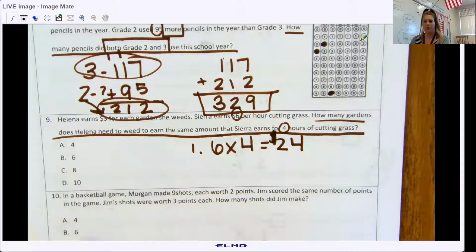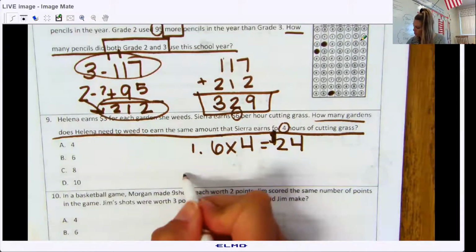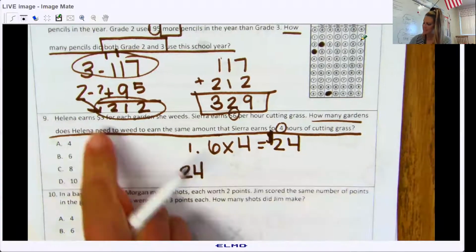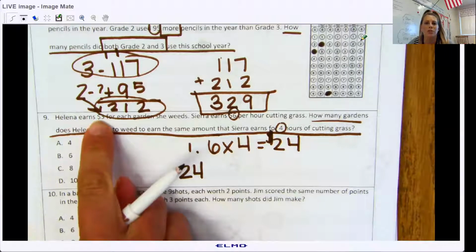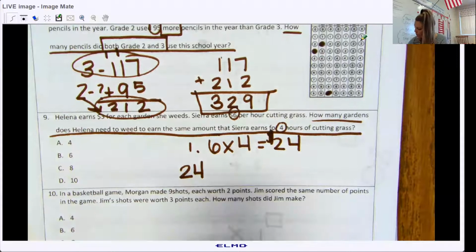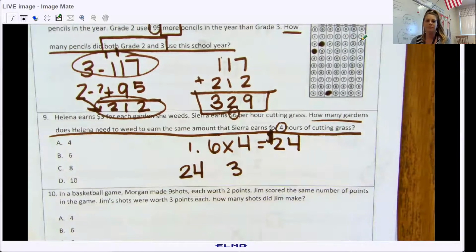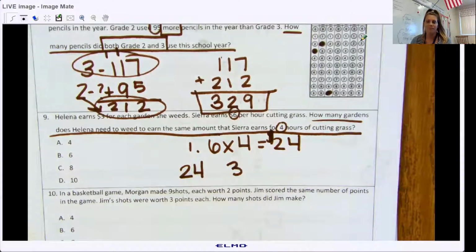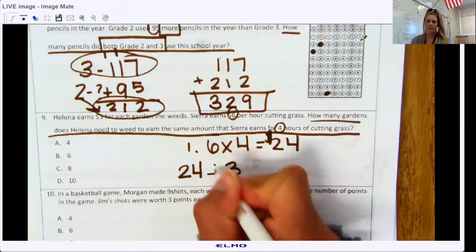So Sierra earns $24, but they want to know how many gardens does Helena have to weed to get $24, okay? Well, she wants $24 and she earns $3 for each garden. What are we going to do with the 24 and the 3? We're going to split it up, right? We're going to divide it.